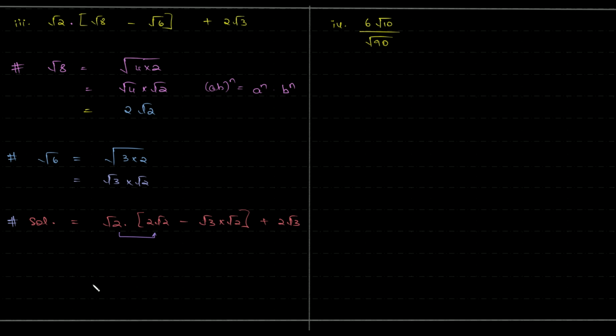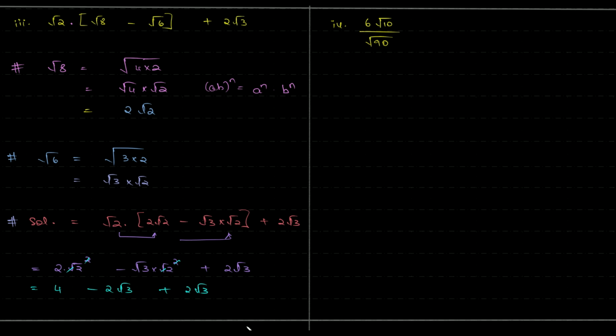We can use the distributive property and multiply root 2 with both of these. So 2 into root 2 square, minus root 3 into root 2 square, plus 2 root 3. And then we have root and square getting cancelled, and this is 2 into 2, 4 actually, minus 2 root 3, plus 2 root 3.